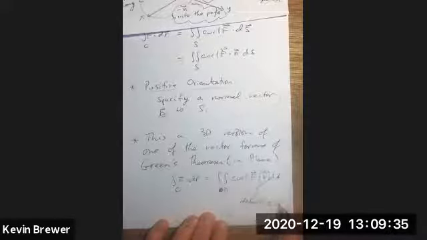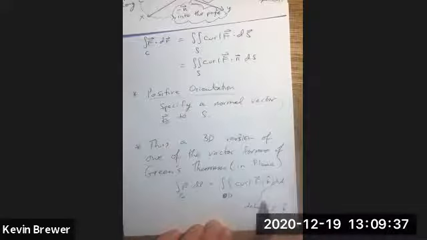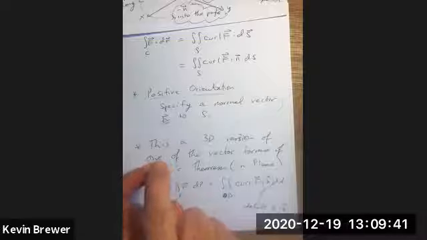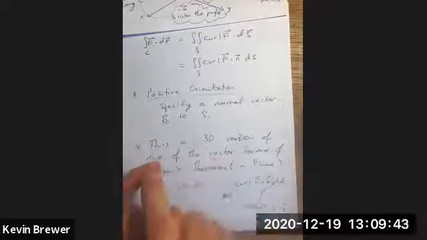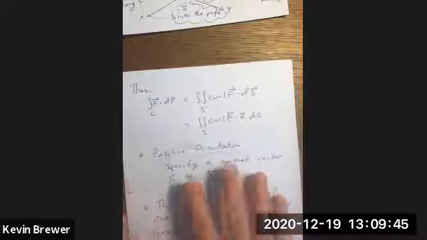And so that's why we were able to say in the plane, positive orientation always meant counterclockwise. Well, now that we're three-dimensional, we don't have a default normal vector, so we can't say clockwise or counterclockwise. We just have to wait until the normal vector is specified.